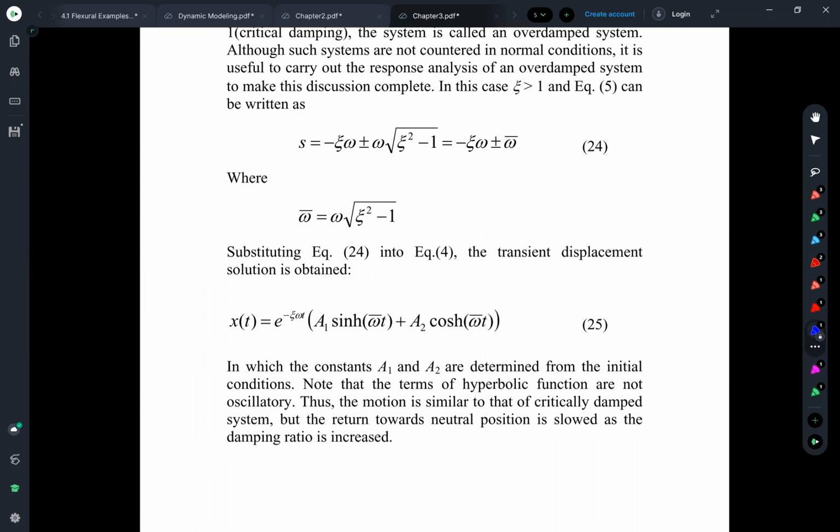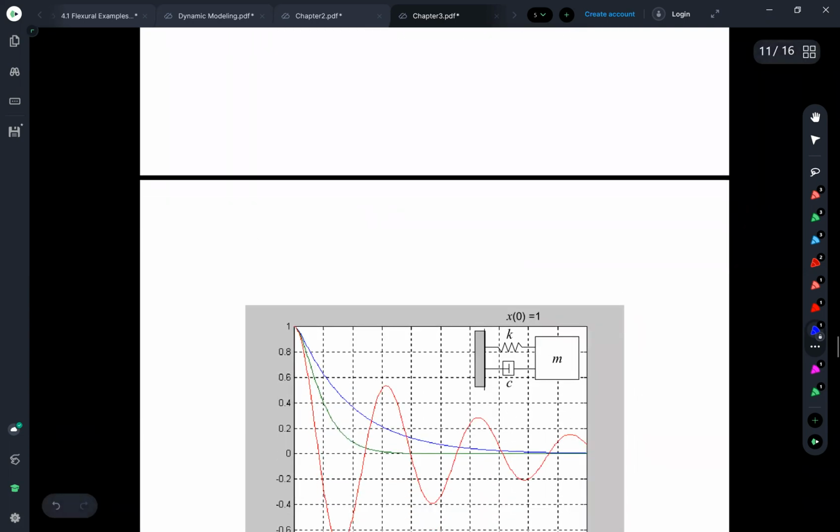You have e to the power minus zeta omega t, which is quite common for every system, the three systems we are talking about. But in the parentheses is a hyperbolic sine and hyperbolic cosine, the combination of these two terms. It depends on the initial conditions. You can calculate what's going to be A sub 1 and A sub 2. It depends on the initial condition you provide.